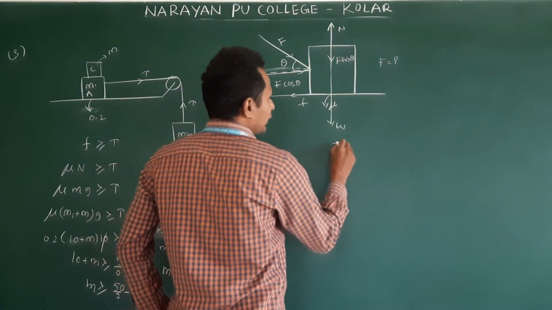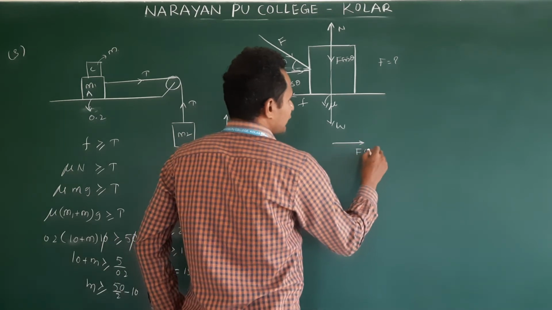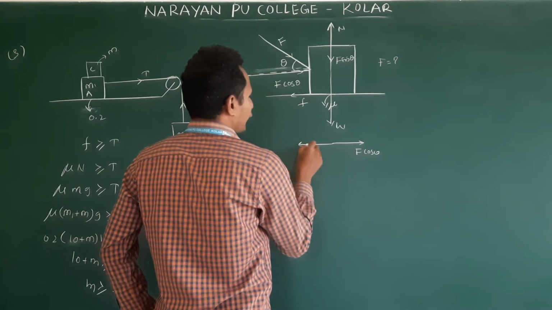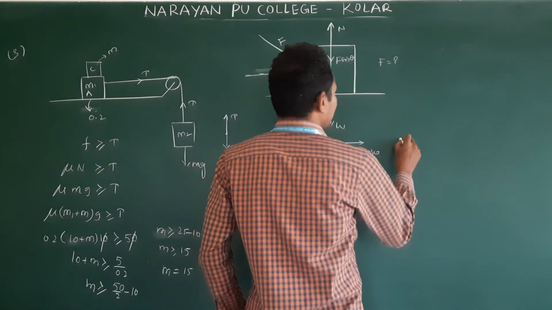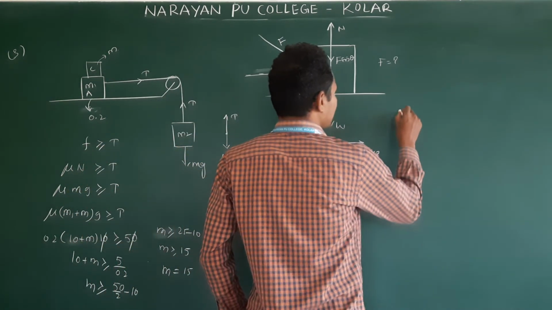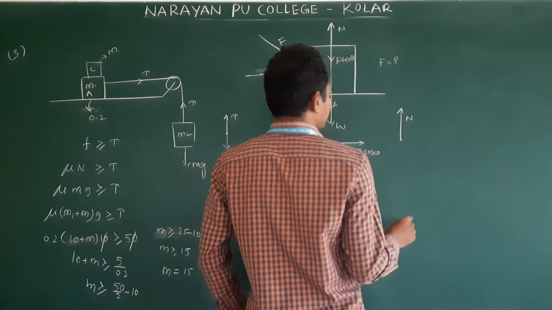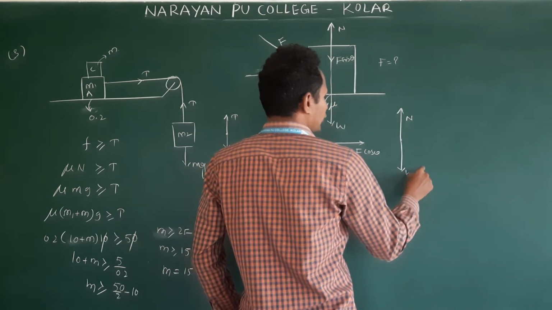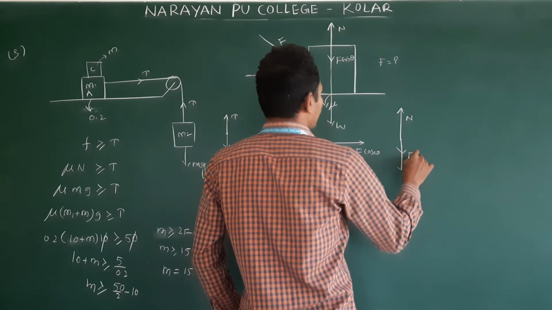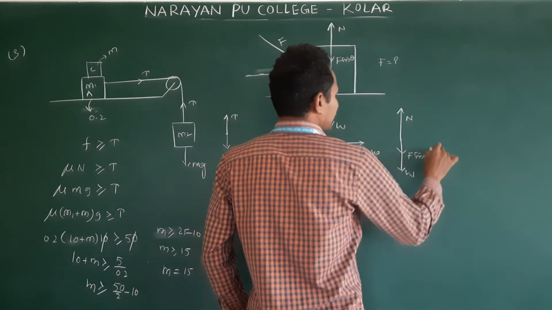Now horizontal forces: F cos theta acts in the forward direction, friction acts in the opposite direction. Along the vertical, normal reaction acts upwards, right? Weight acts downwards, and one component of force is also acting downward.